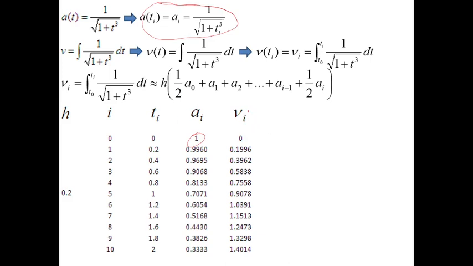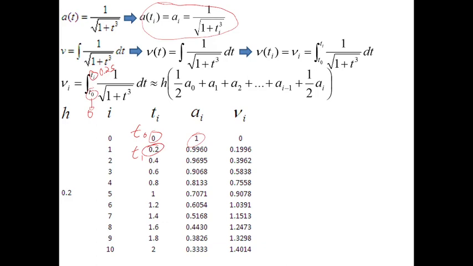And then at time 0.2 second, sorry. So this is t sub 1. I is 1, no? This is t sub 1, this is t sub 0. This is 0 and this is 0.2 seconds.